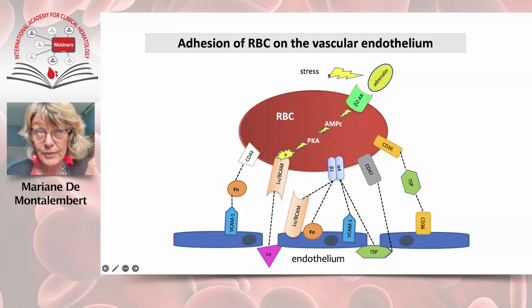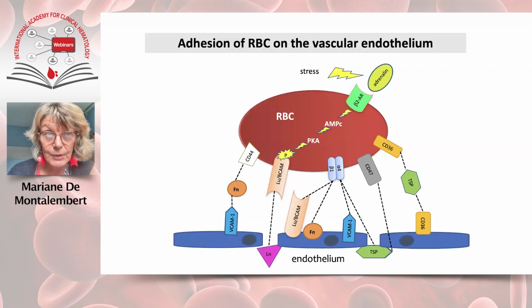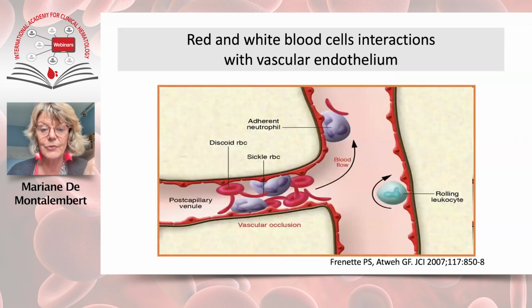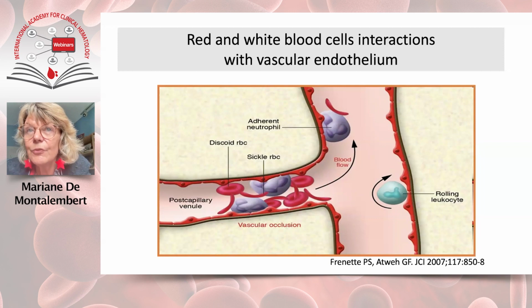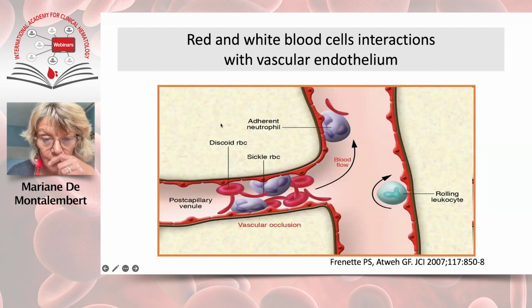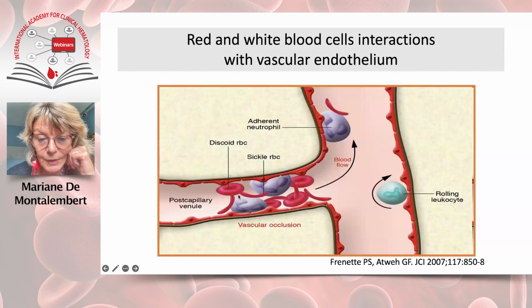And we see that stress is an important factor in the generation of vaso-occlusive crisis. What we know now is that sickle cell disease is not only related to the red cell, as was believed for many years, but in this vaso-occlusion, there are not only red cells, but also neutrophils.